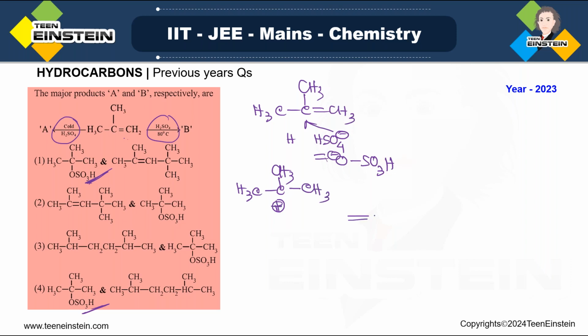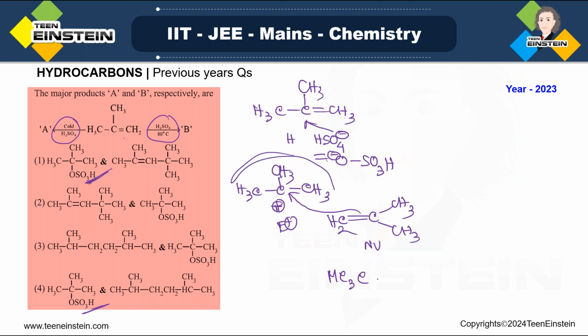Now this stable carbocation will react with another molecule of the same compound. As if this is our electrophile and this is our nucleophile. So this will be added to this side and now you will get Me3C, that is, this total part is Me3C, then CH2, then C plus. This carbon will have the positive charge. And finally, you have O minus SO3H in the medium.